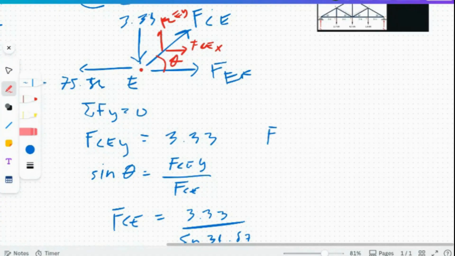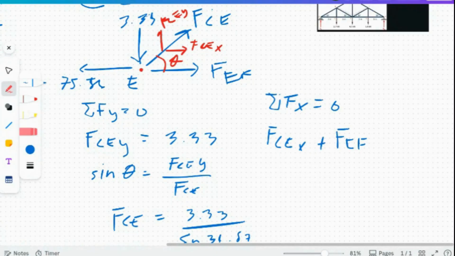So summation of forces in x equal to 0. FCEX going to the right plus FEF also going to the right.